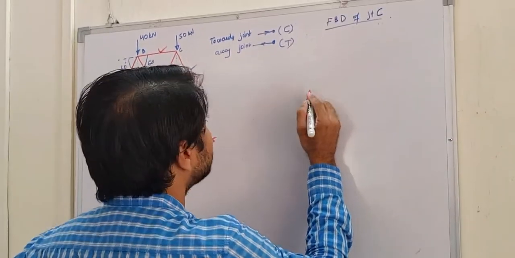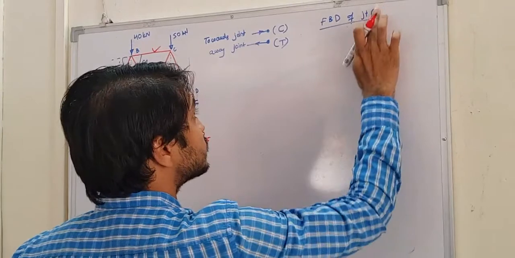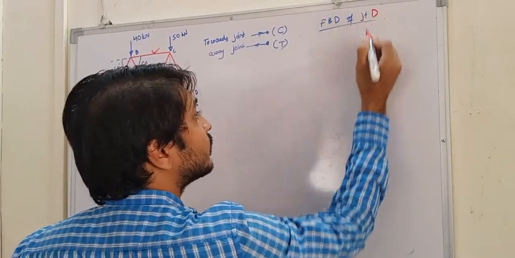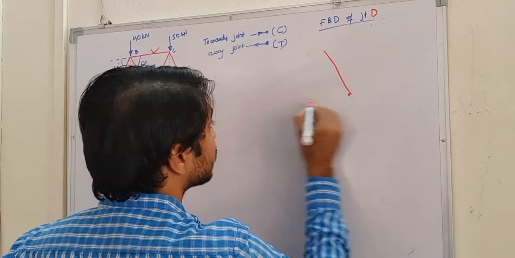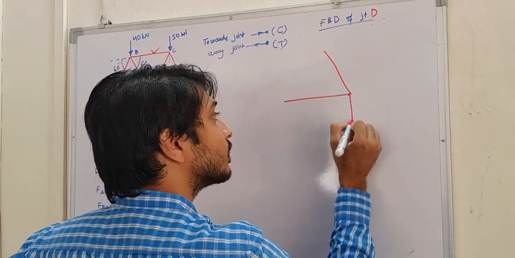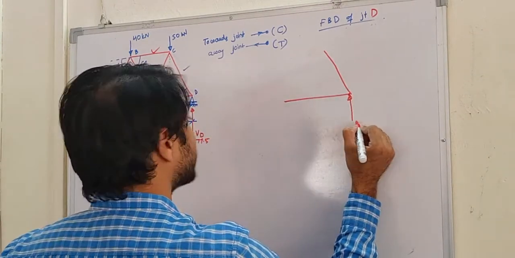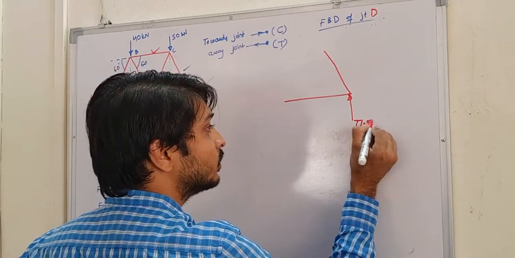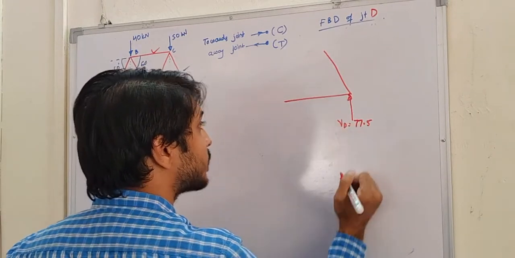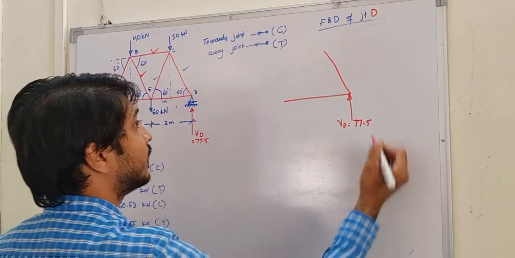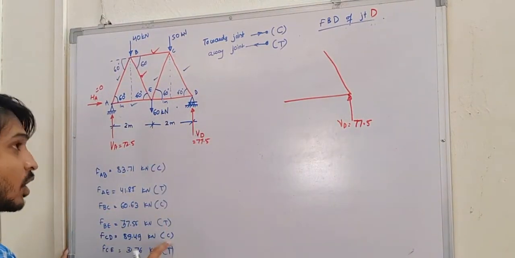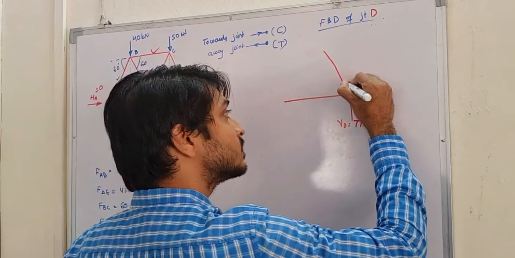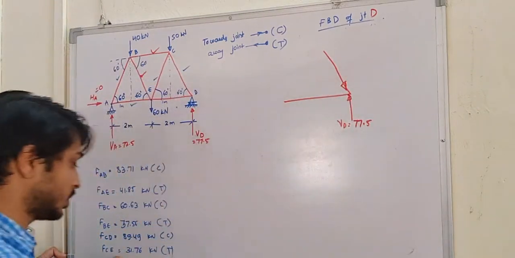So if I draw this joint D, so here we have got 77.5, this is VD from support reaction, correct? And here this FCD we have got compression means towards the joint. How much we have got?